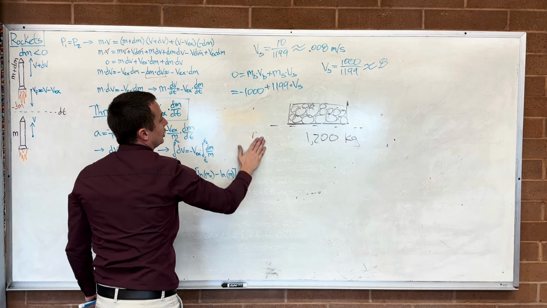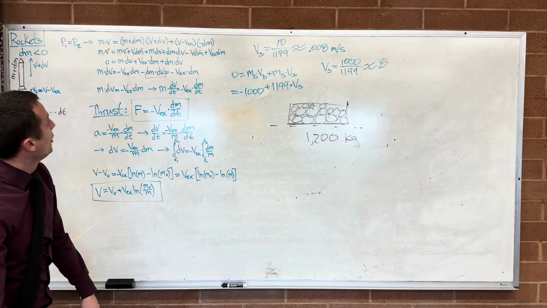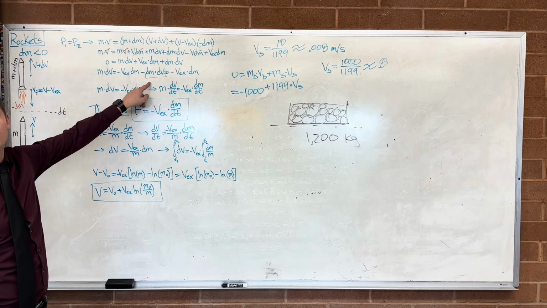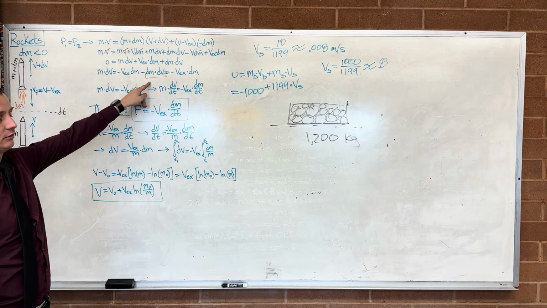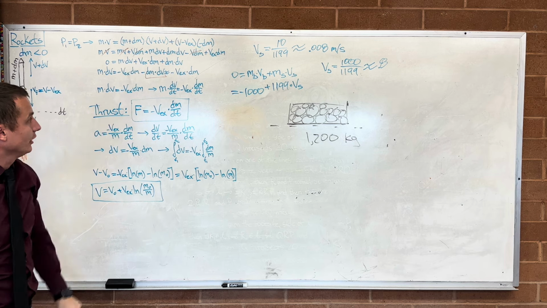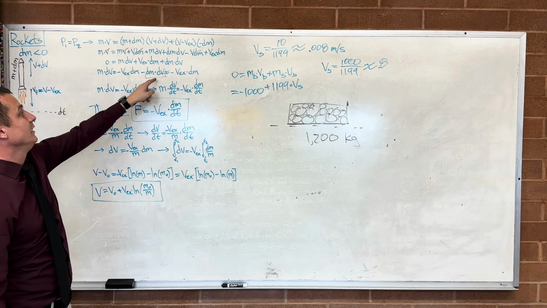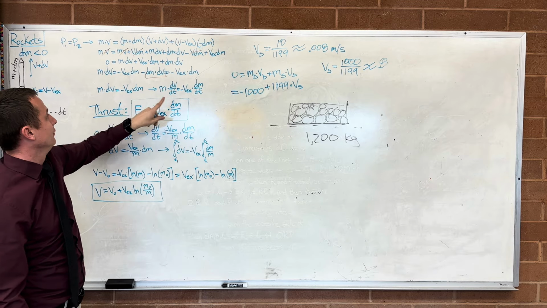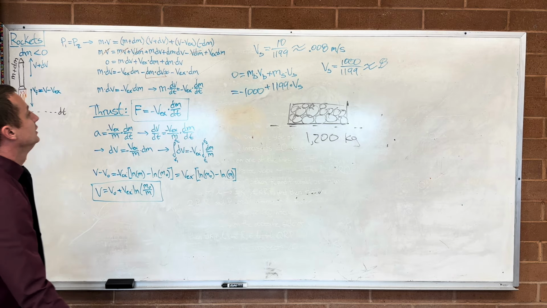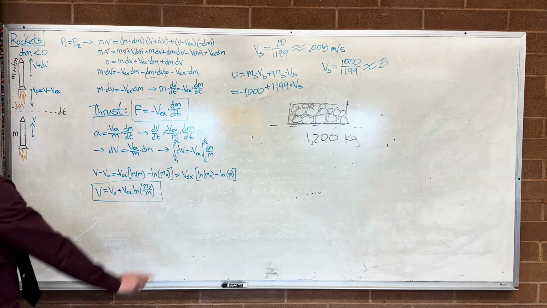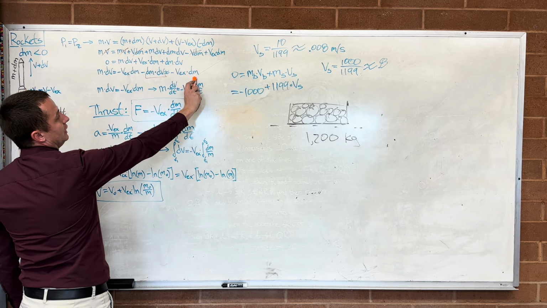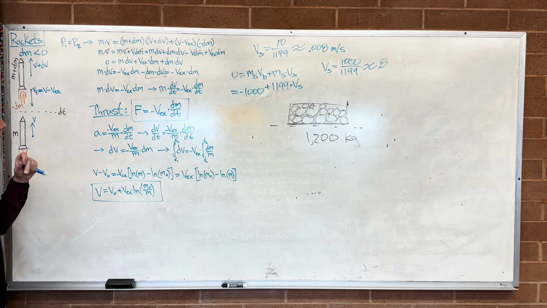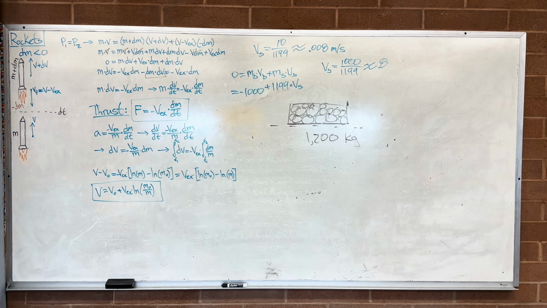It's the same kind of thinking we used when we talked about differentials back in calculus. So that term goes to 0. It is 0 in the limit, but if you're talking about arbitrarily small values, it's approximately 0. So I get m dv is equal to negative vex dm. With me so far?